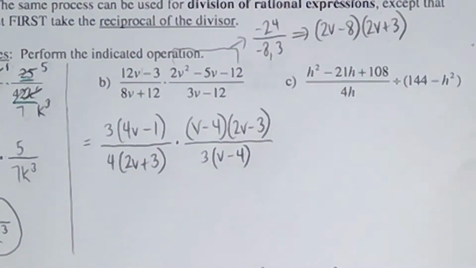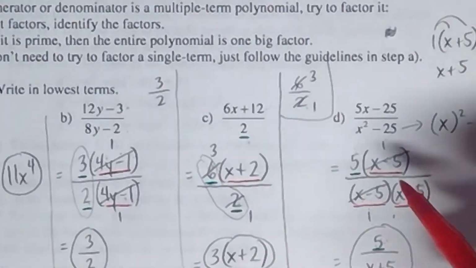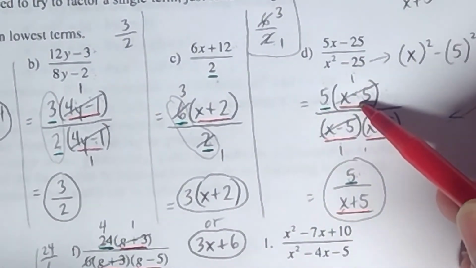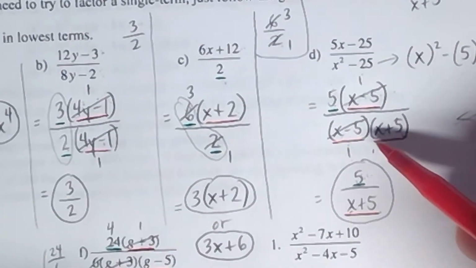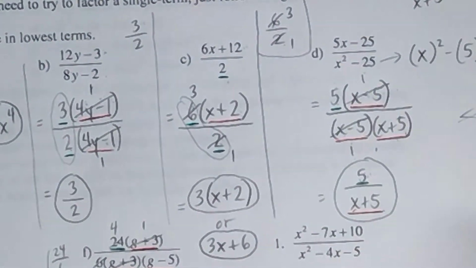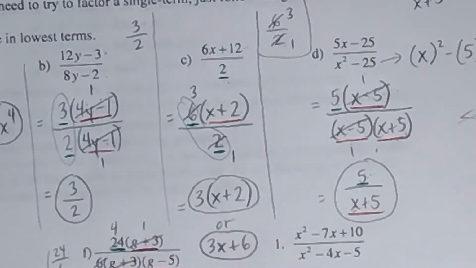Just like we did in the last section, what did we do in the last section? After we factored, if we had a term times a bracket in either a numerator or a denominator, that was a green and a red. If we had a bracket times a bracket with more than one term inside of each, that would be a couple of red ones, because red means that there's more than one term in that particular factor.